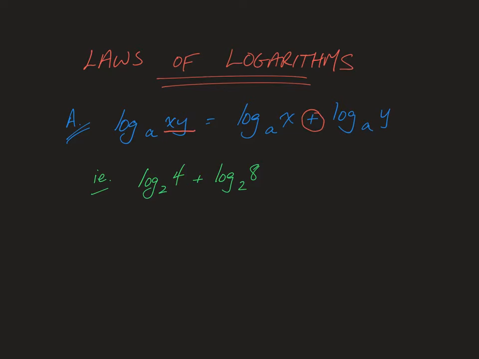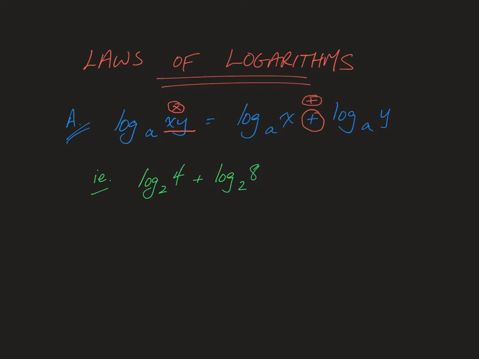Then it shouldn't surprise us that when we see multiplication, we know that we add the exponents. And so notice we can look at this first law of logarithms almost like using our power laws. When I multiply powers of the same base, I add the exponents. So when I see multiply on the inside of my log, I add my logs.